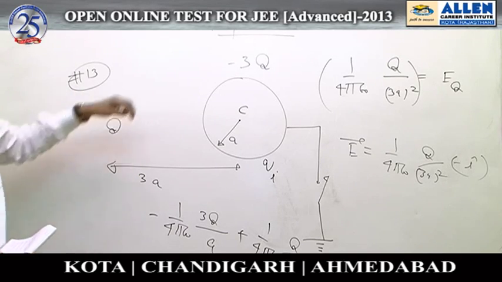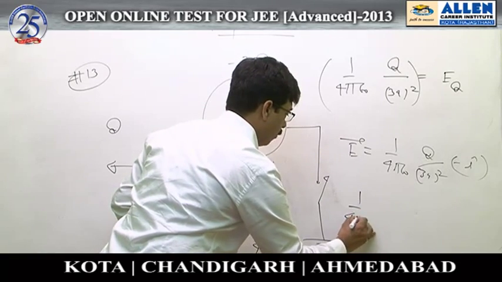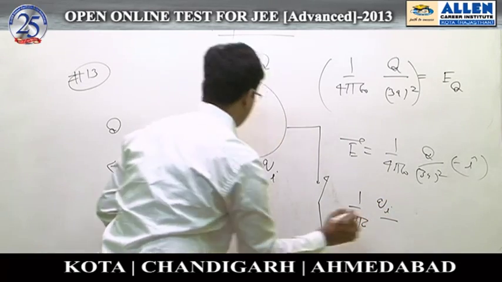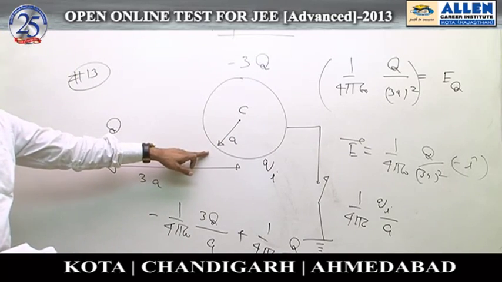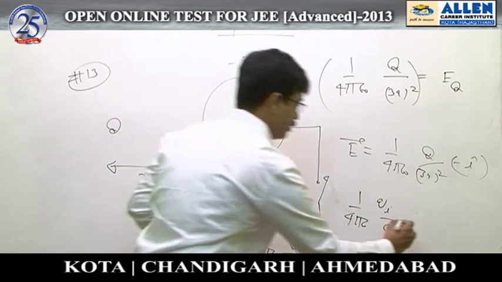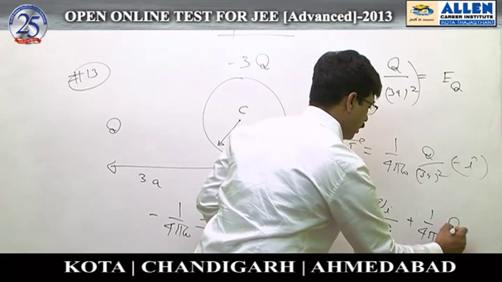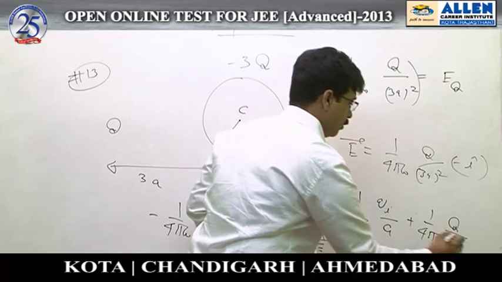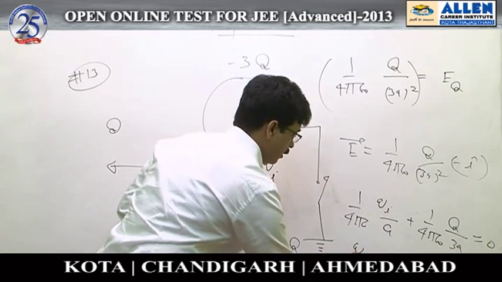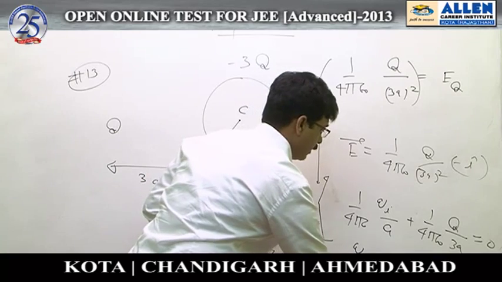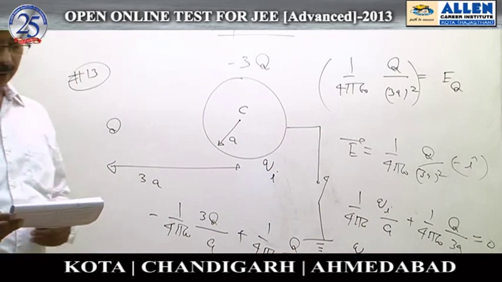Now calculate the potential at the center, which is 1 upon 4 pi epsilon naught Qi upon a due to the induced charges appearing on the shell, plus the potential of the outside charge, and the total should be 0. That means the induced charge becomes minus Q upon 3. That makes option C correct.